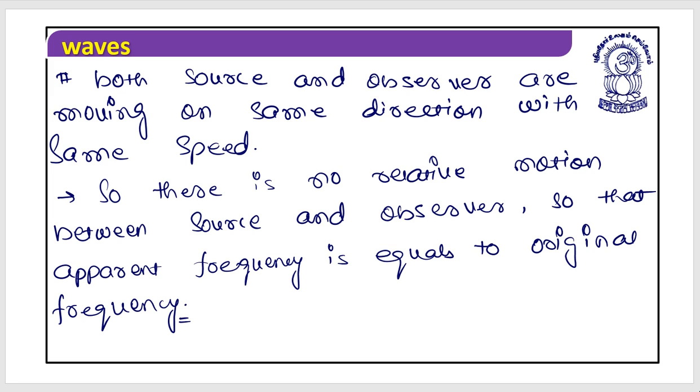The apparent frequency and original frequency will be the same because there is no relative motion, and this is the first case of no Doppler effect. I hope this is clear.